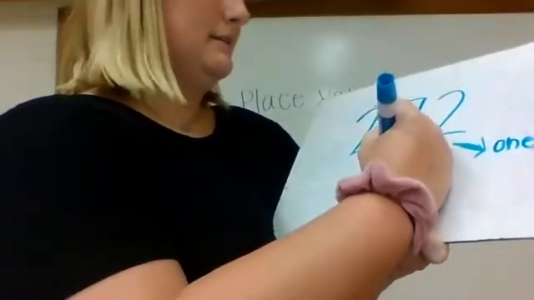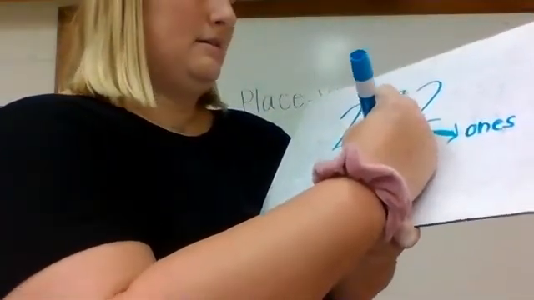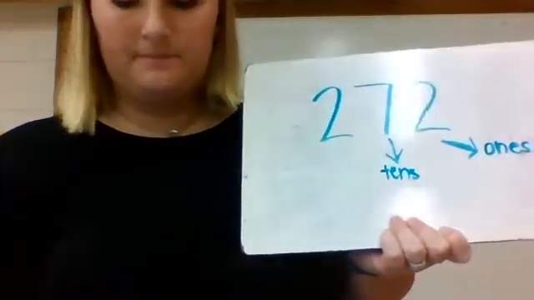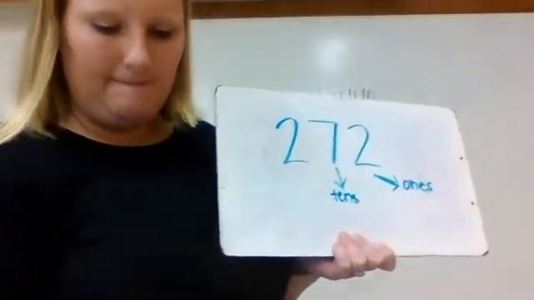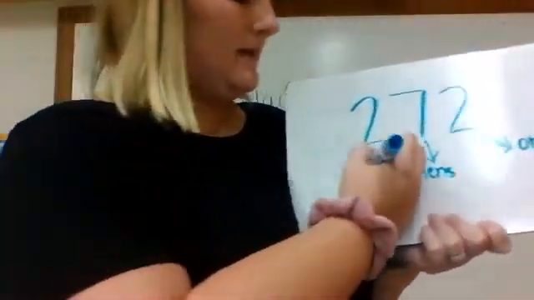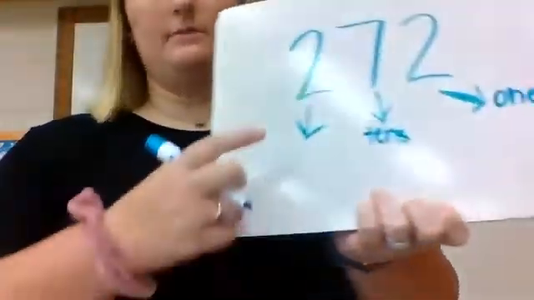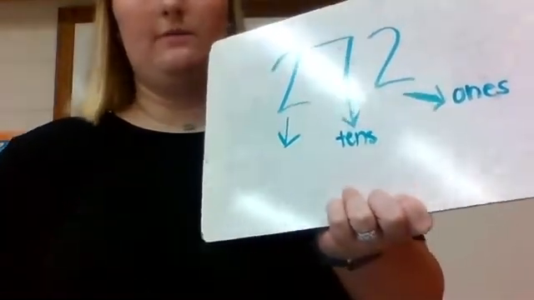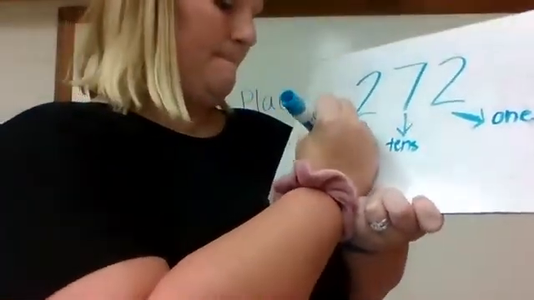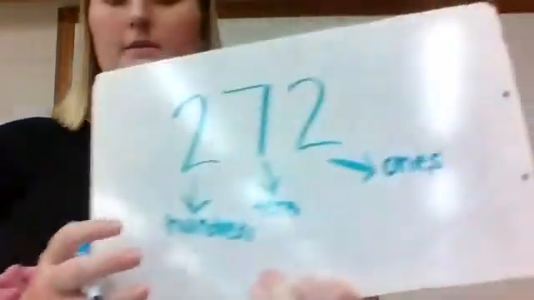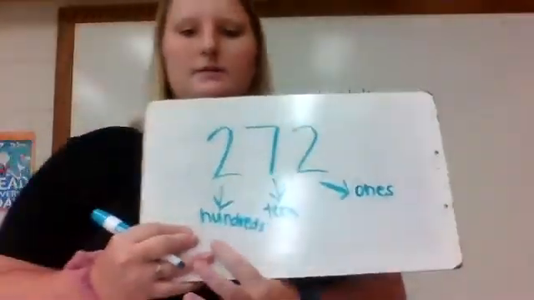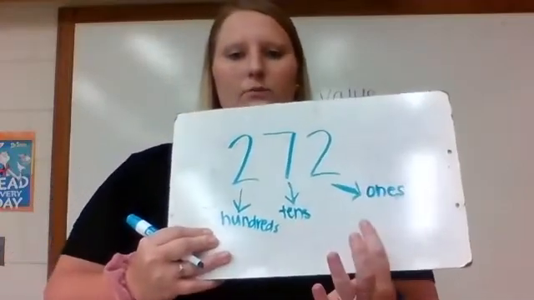It is tens. This is the tens place. And last but not least, what place value is this number 2? This one's going to be the hundreds. Good job. So here we have hundreds, tens, and ones. All right.